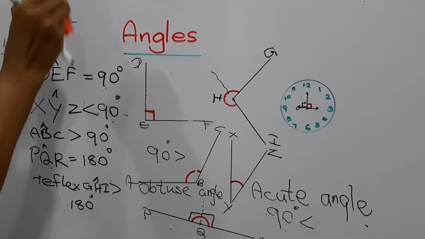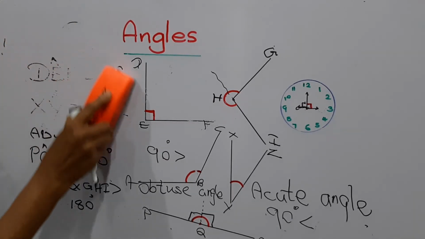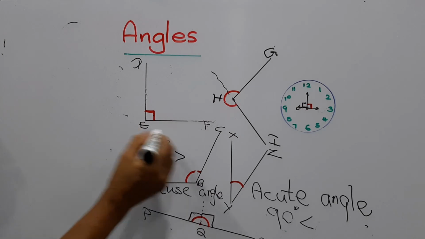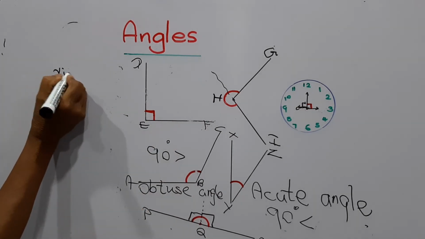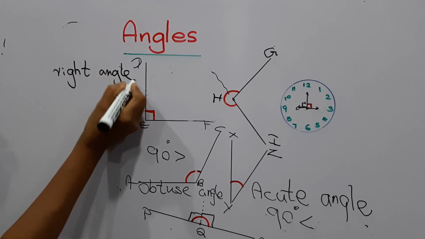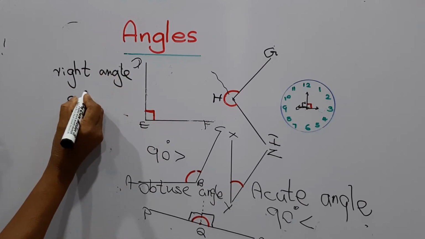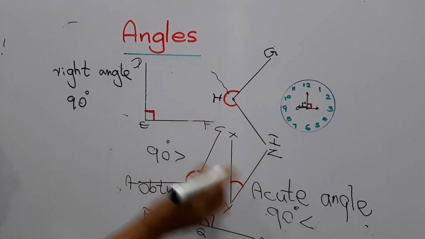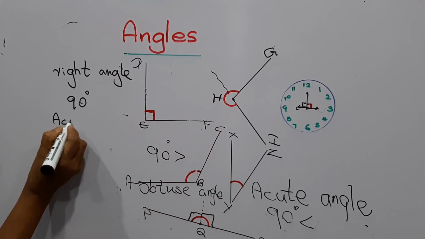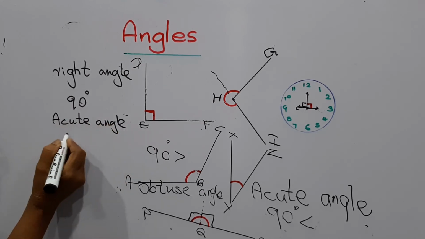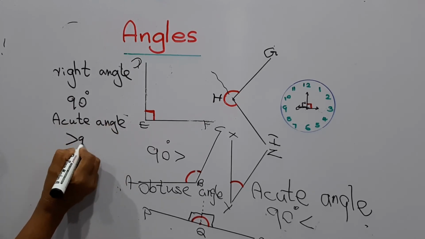Okay. Then I will explain again as a summary. Today we learned about angles. First we learned DEF as a right angle, already 90 degrees. Next we learned XYZ, that is an acute angle, less than 90 degrees.